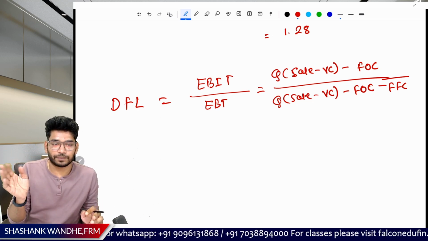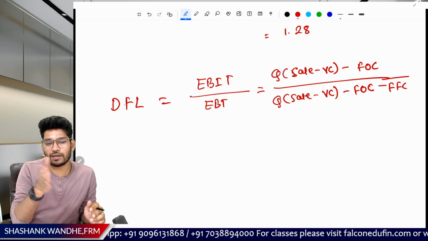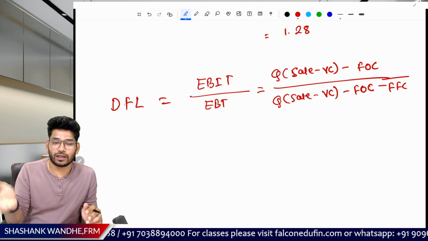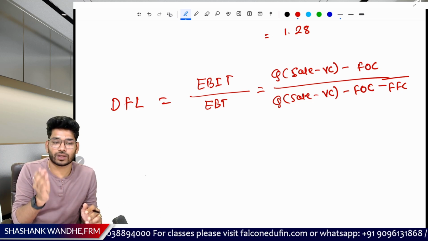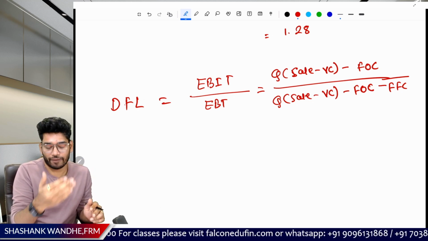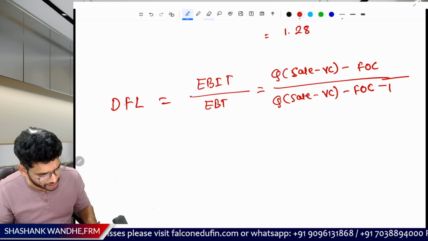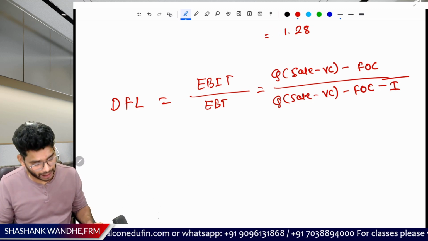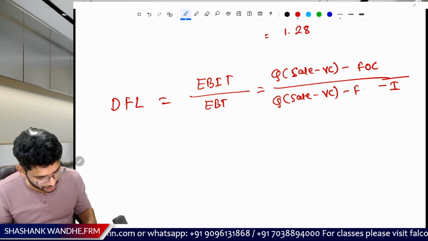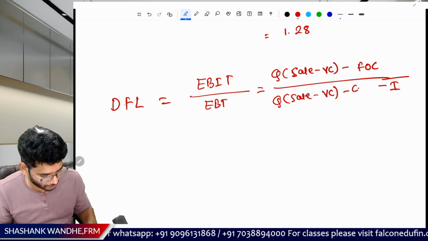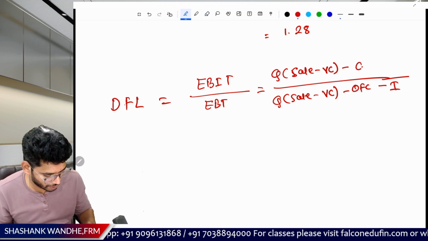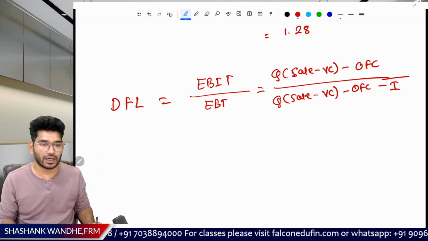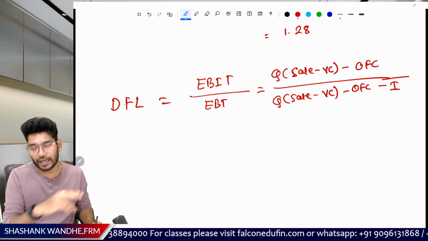So simple: Q into sale minus variable cost minus fixed operating cost, divided by Q into sale minus variable cost minus FOC minus FFC. This FFC, fixed financing cost, is simply interest. So I'll just write it as interest, and I'll write this as operating fixed cost, OFC. OFC sounds better. Operating fixed cost minus interest. So this is how you get the formula for the degree of financial leverage.